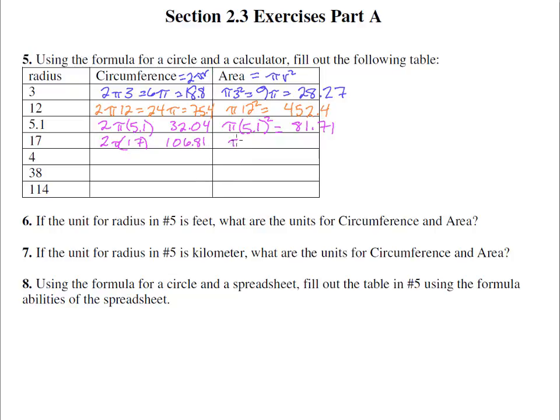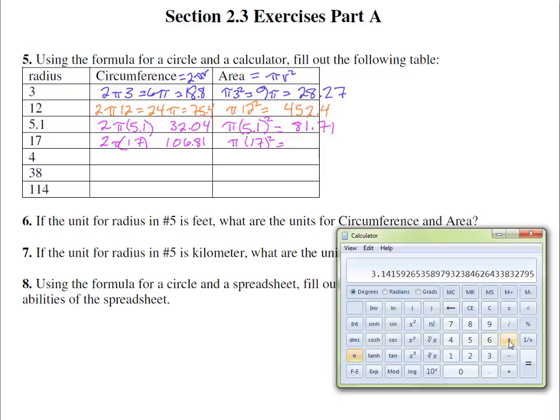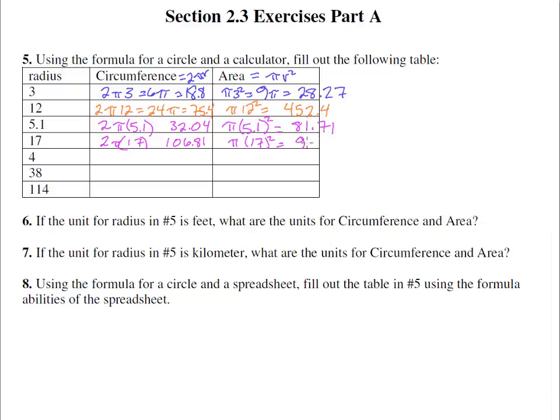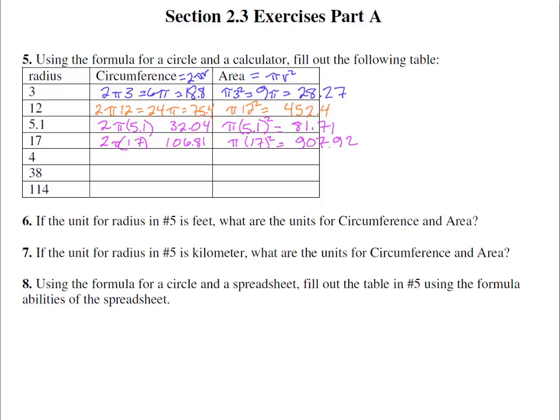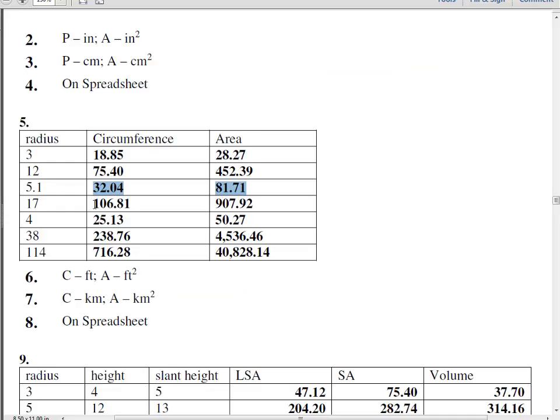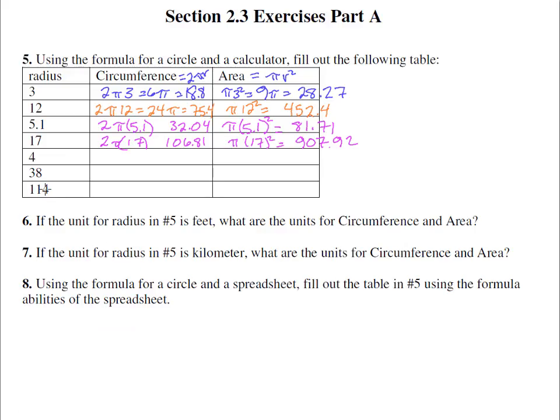And for area, pi times 17 squared equals 907.92. Let's check those answers. 106.81 and 907.92. Good.